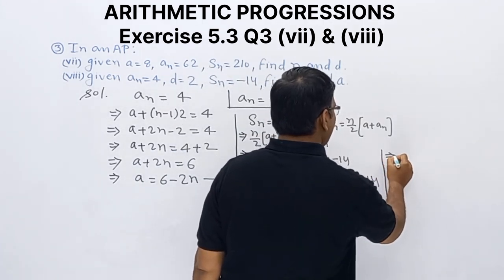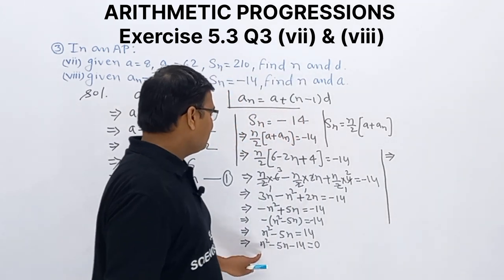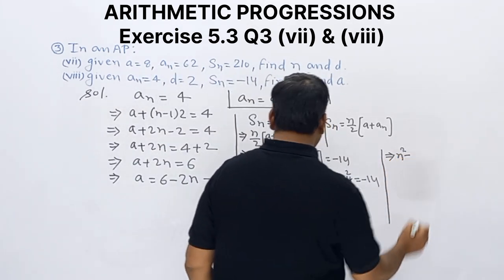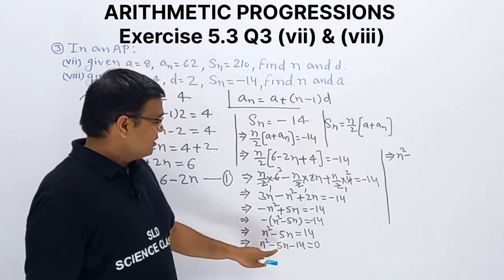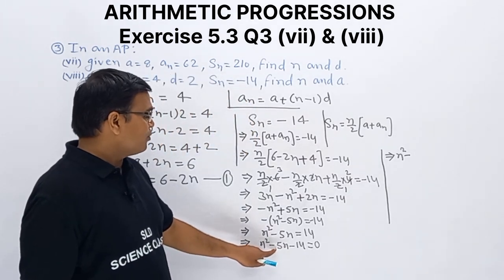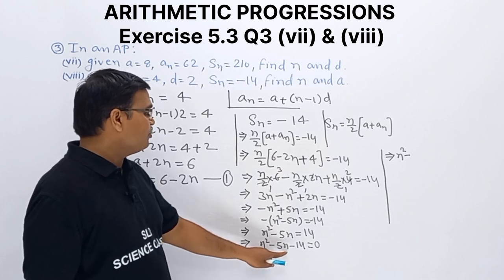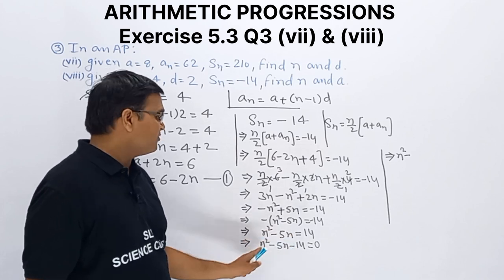Now what about its factors? This equation can be written as n square minus 5n minus 14, splitting the middle term. Sum should be minus 5n, and product should be minus 14n square, the first and last term product.